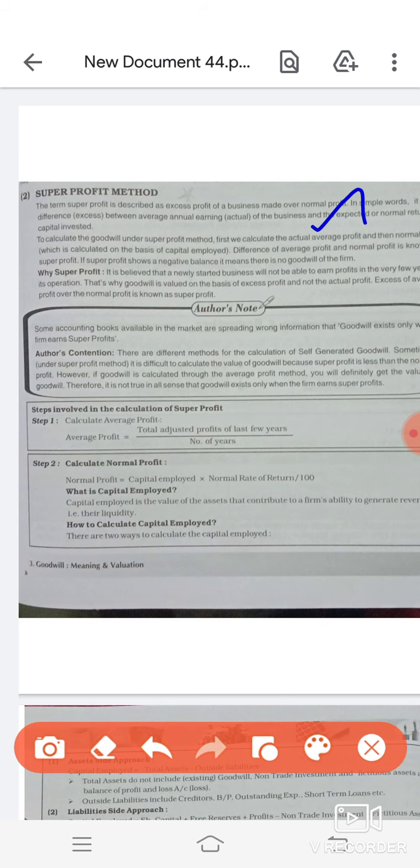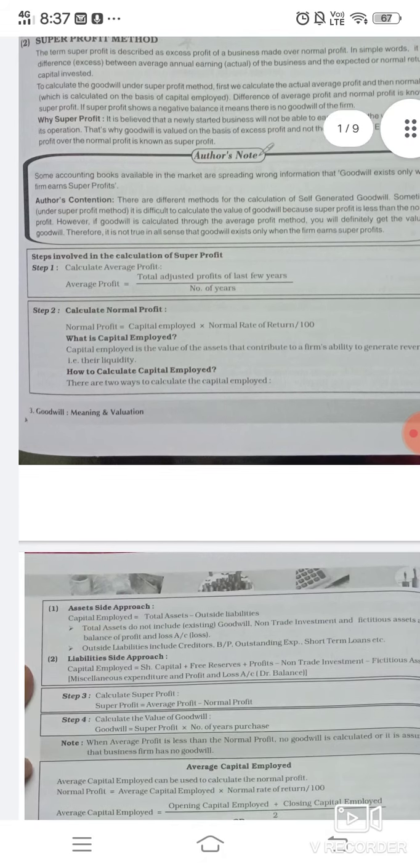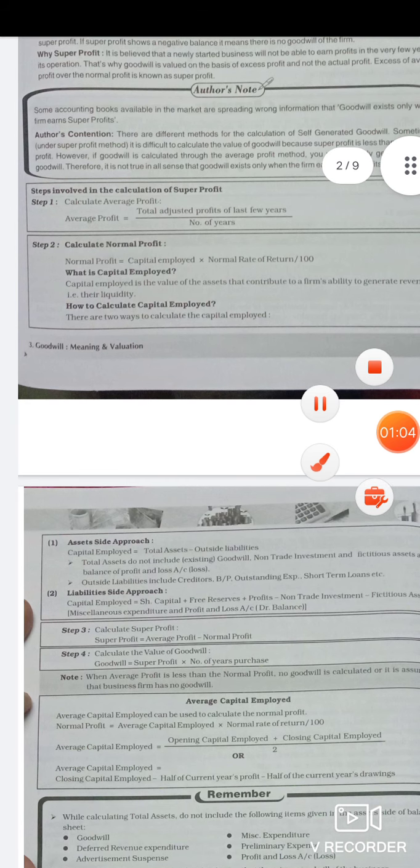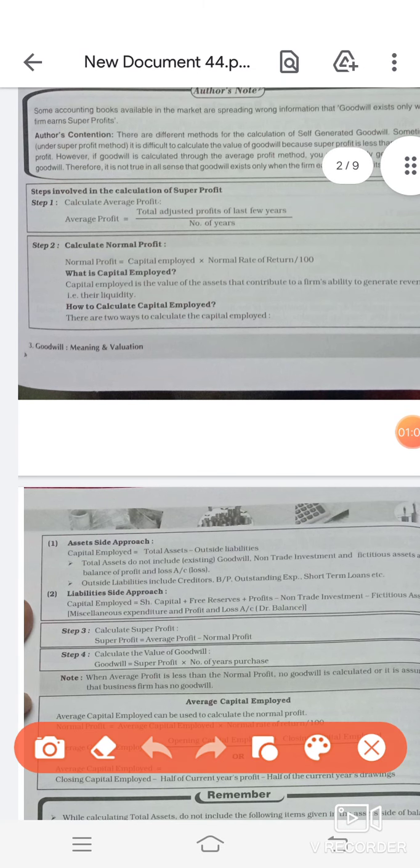So what is the formula for super profit method? See the step 4. Super profit equals average profit minus normal profit.